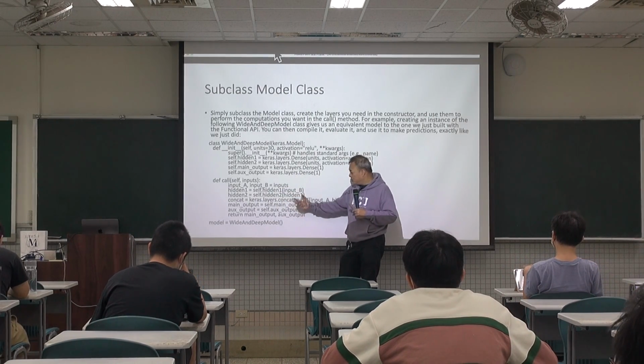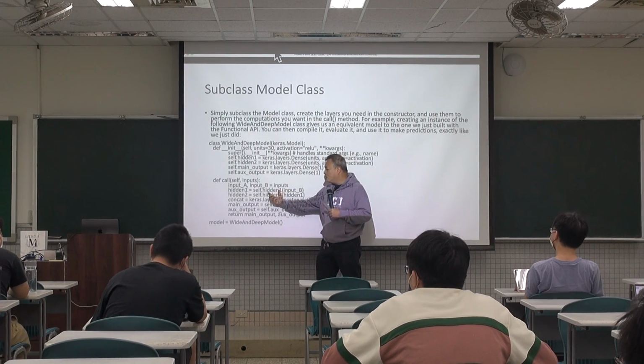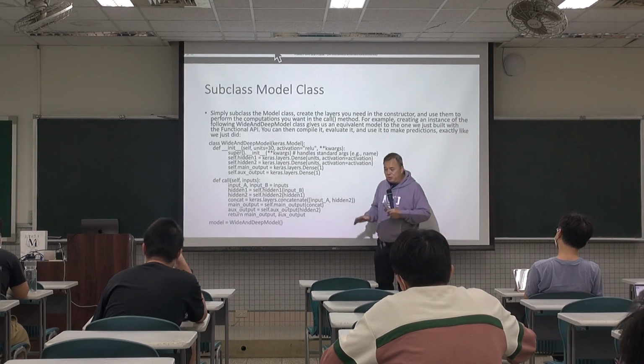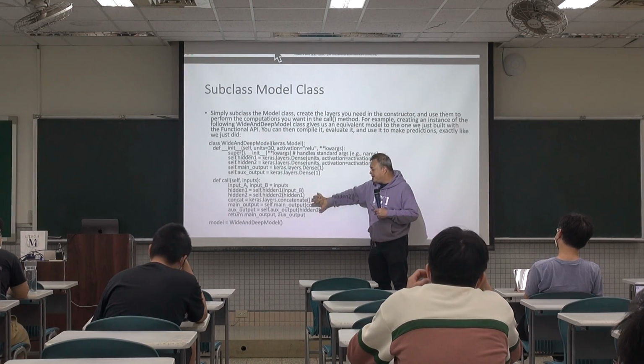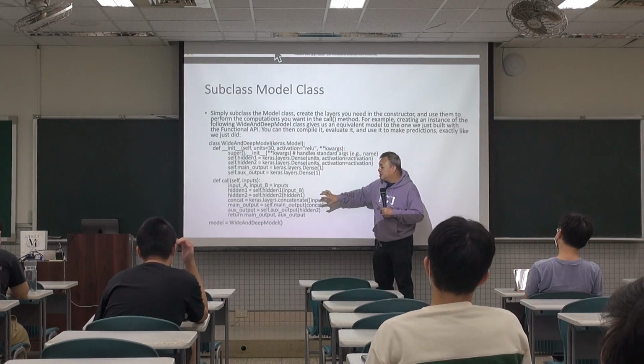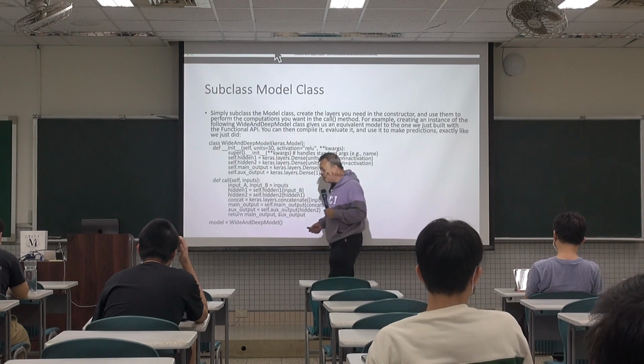Yes, we use input B as the previous layer of hidden one, and so on. But the more important thing is we specify the relationship between layers in the call function. Of course, for this example.